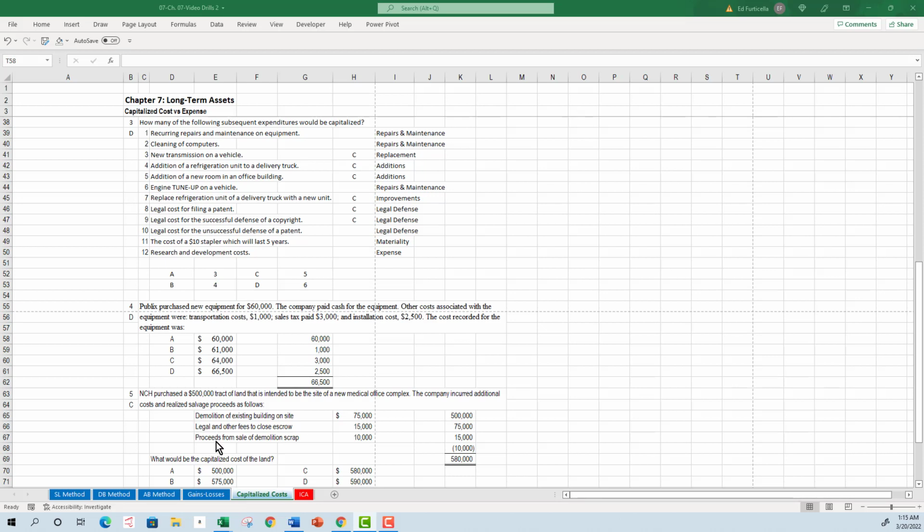To determine the cost of the land, you take the price paid of $500,000, the demolition cost of $75,000, the $15,000 of fees, and you subtract the proceeds from the sale of demolition scrap. You always subtract that. It's part of the cost, but it's a reduction in cost. So the answer here is C, $580,000.